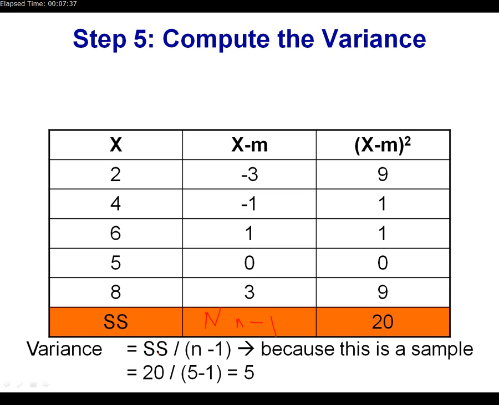So the sum of squares is the number we obtained last time, divided by 5. I'm sorry, actually 4, because there are 5 observations. So 20 divided by 4 equals 5.